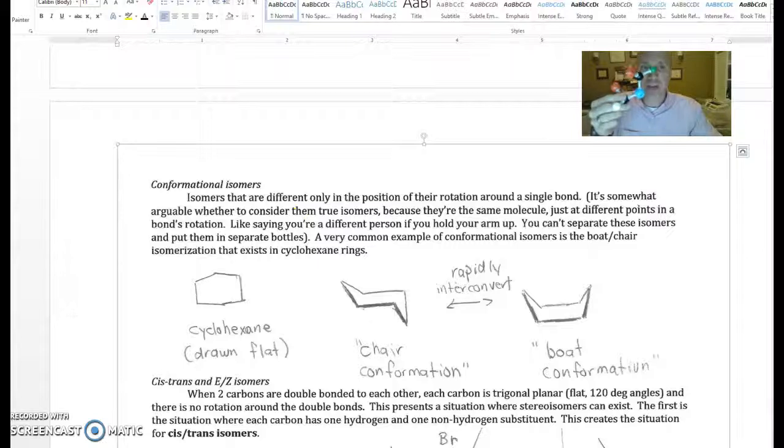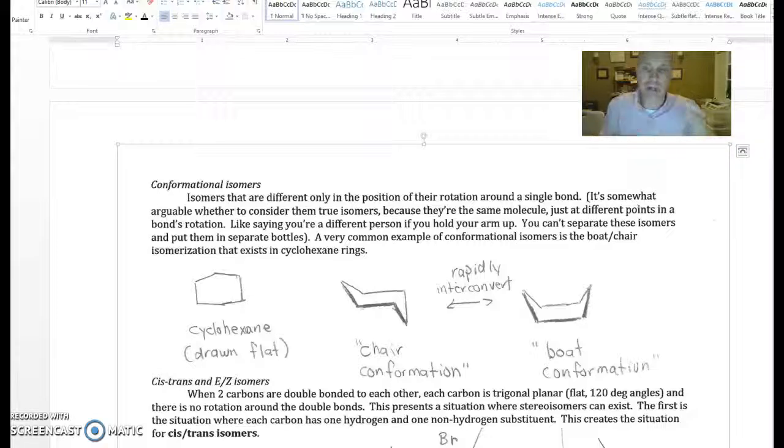For example, if I have this molecule right here, at this point in time, this would be its exact shape. But if I rotate this bond just a little bit, it's still the same molecule, but what you would say is that this is a different conformational isomer than this. And the only thing that's different about those two things is the position in the rotation of that bond.